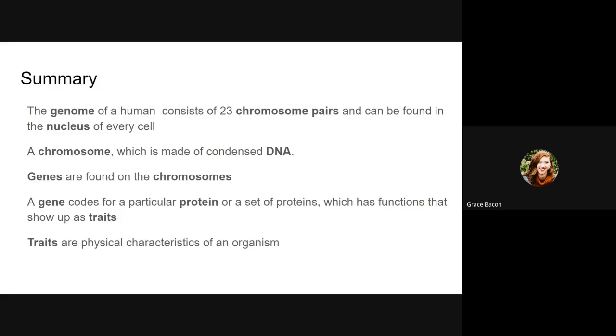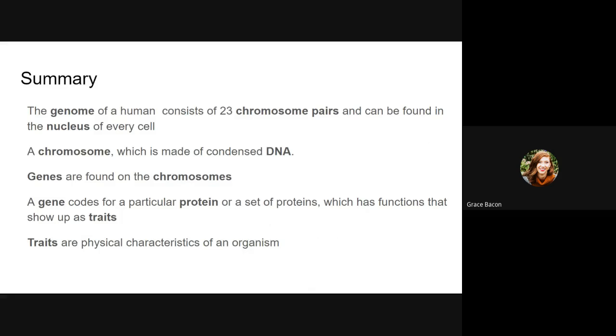Okay, so summarizing that, the genome of a human consists of 23 chromosome pairs, which can be found in the nucleus of every cell. The exception to that is sperm cells and egg cells don't have the pair. They just have 23 individual chromosomes. Every other cell in the body has 23 chromosome pairs.